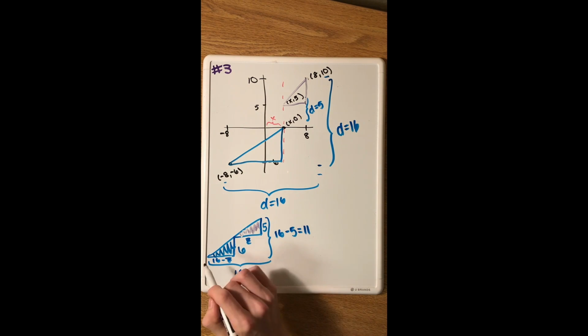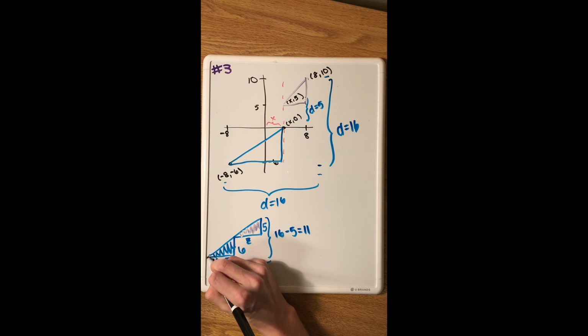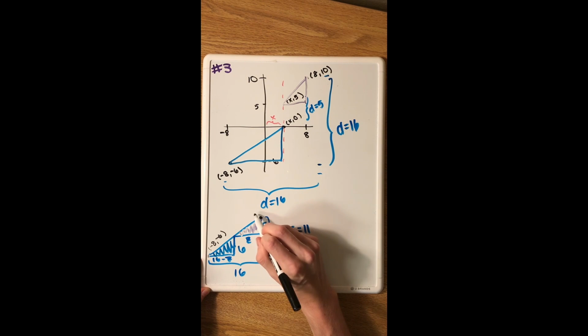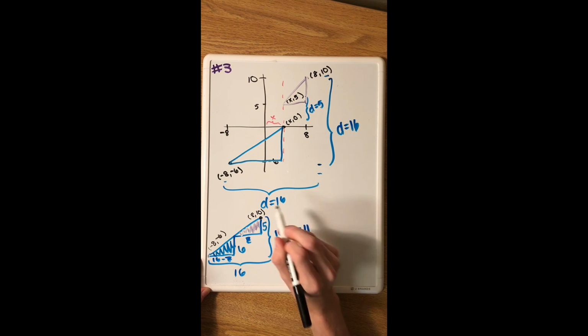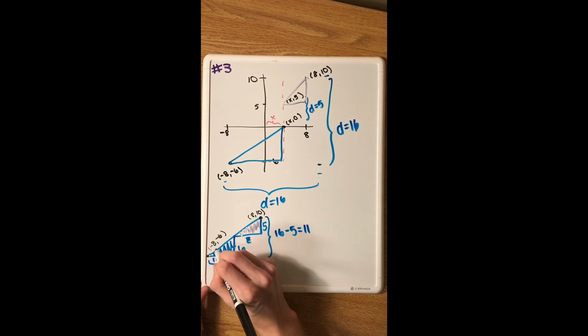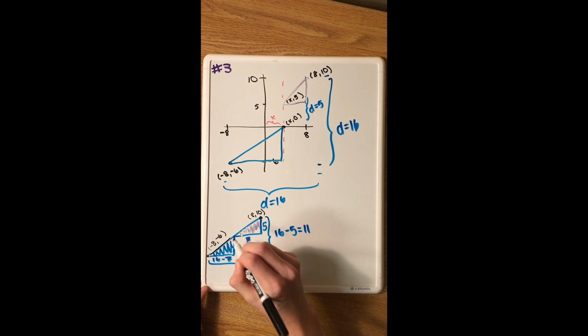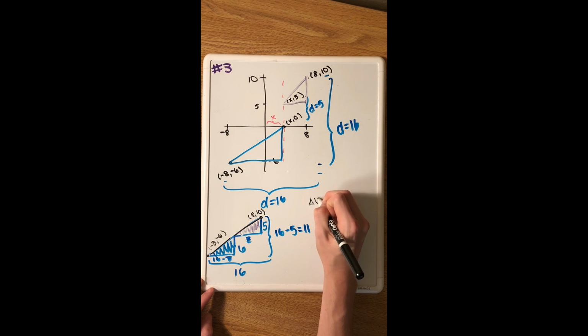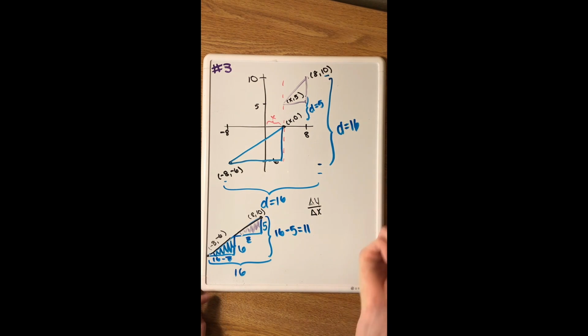So in our calculations, because this is a straight line from the endpoint (-8, -6) up to (8, 10), this portion right here must have the same slope as this portion. And slope is simply the change in y over the change in x.